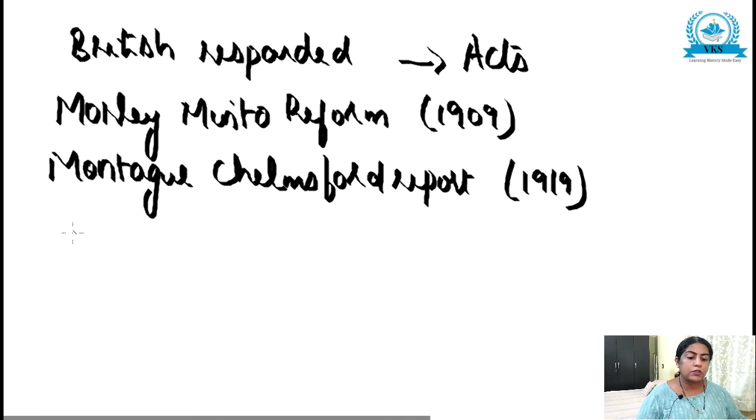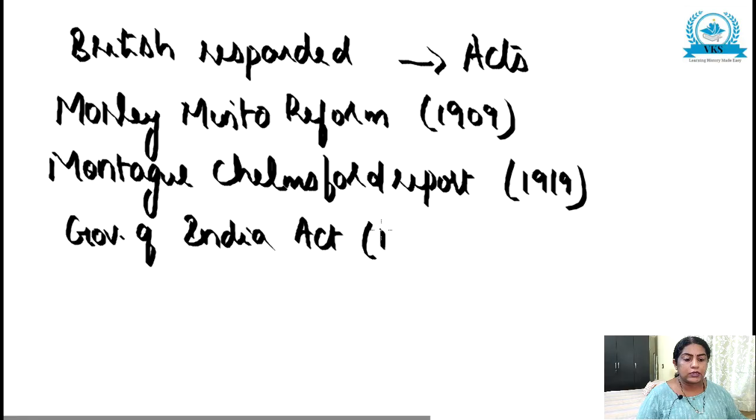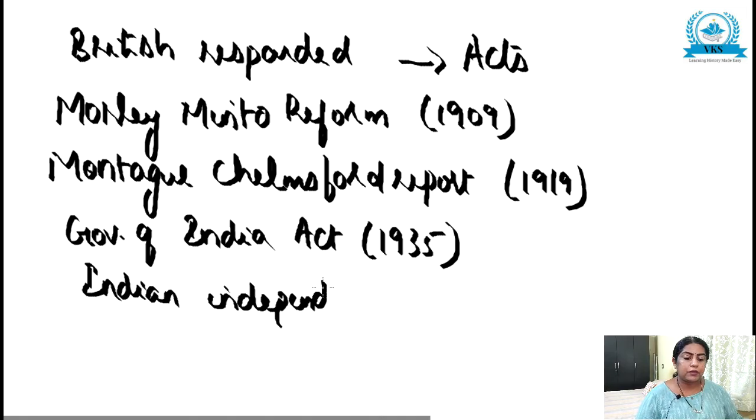Then the Government of India Act in 1935. Then the Indian Independence Act of 1947.